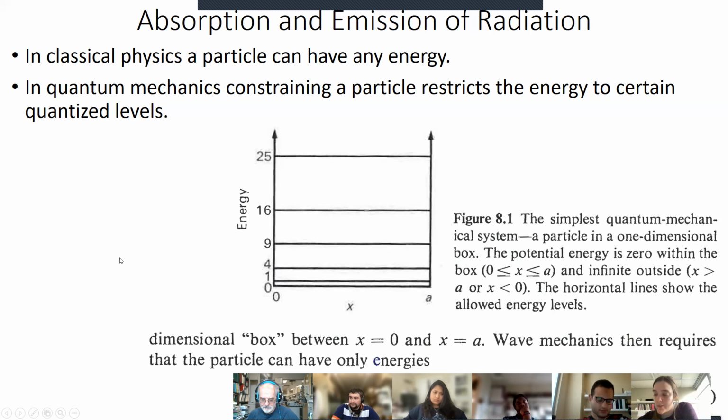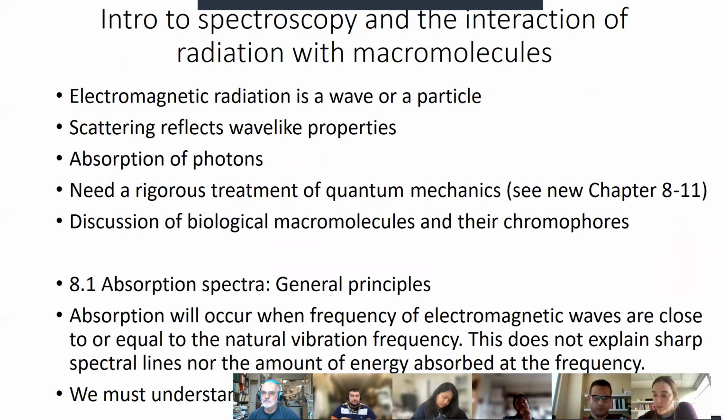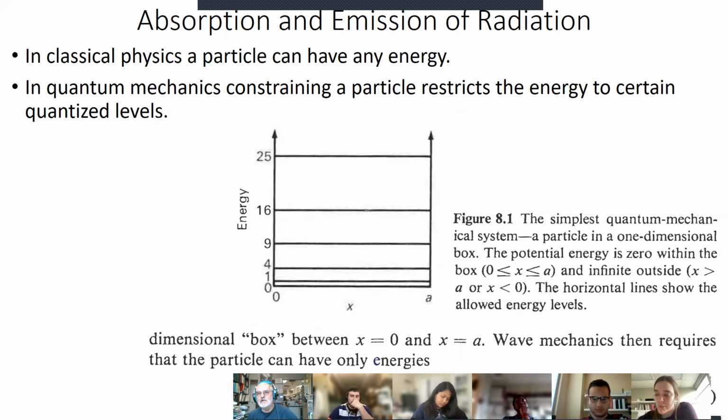be quantized. On the previous slide, it said this does not explain sharp spectral lines, nor the amount of energy absorbed, okay? So the sharp spectral lines come from this quantization of energy, because you'll get a line that corresponds to 1, 2, 3, 4, 5, the energy at which the particle will exist if it's energized up to those levels, and those will give you the lines that exist, okay?